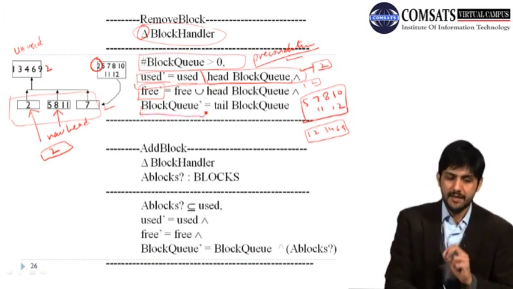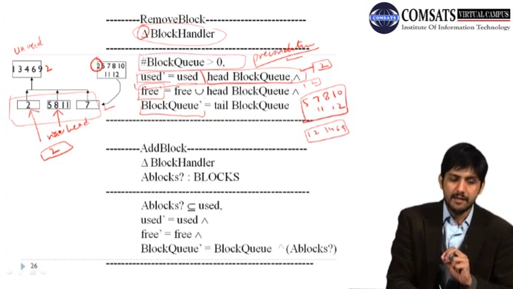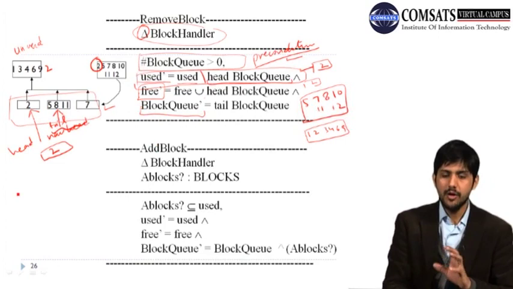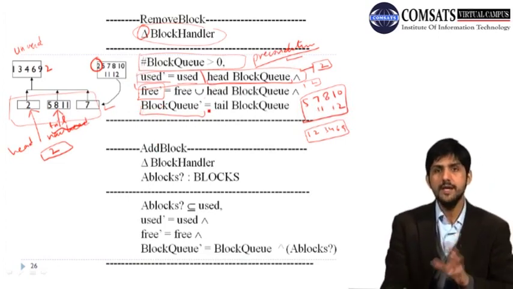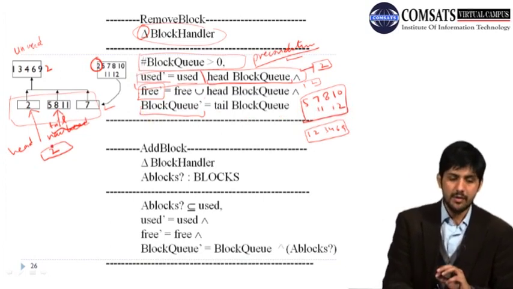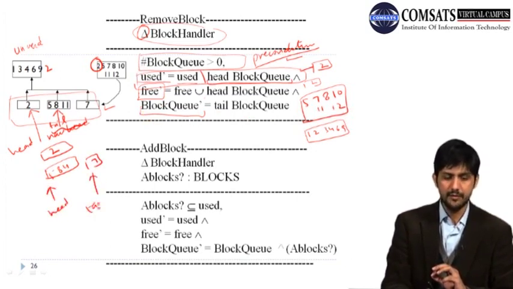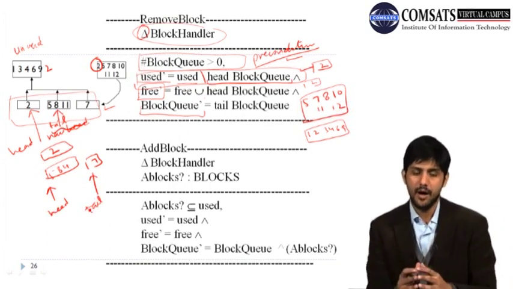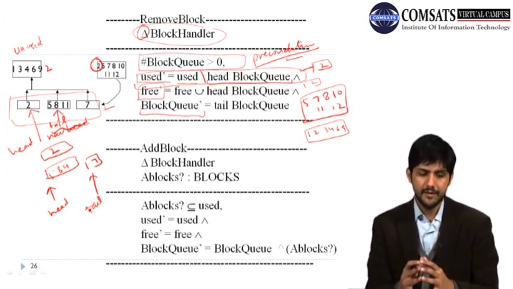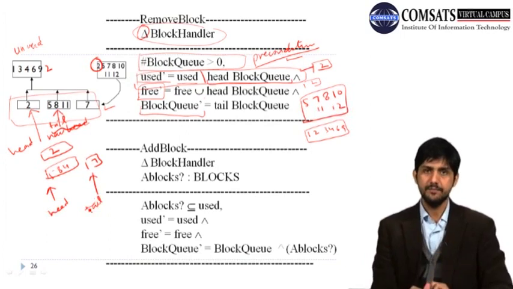And earlier my tail was pointing here and the head was pointing here. So now I am saying that the new block Q is equal to the tail of block Q. So now my Q will look something like that, and this would be my head of the Q and this would be the tail of the Q. So this is how it will be updated. These are the things which would happen.